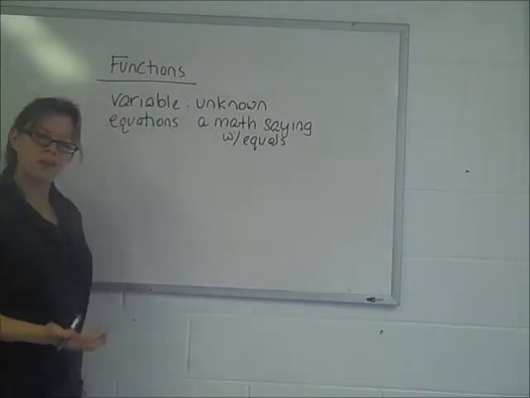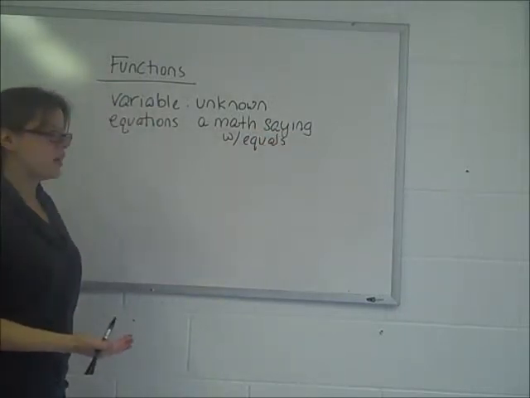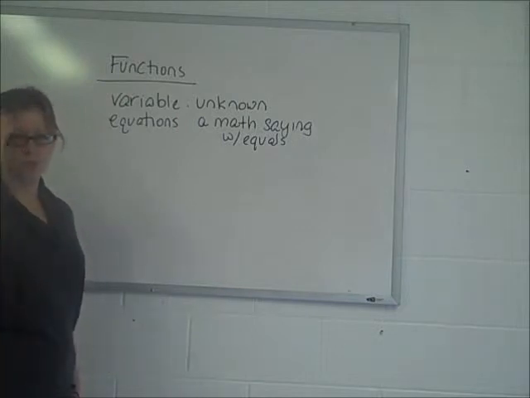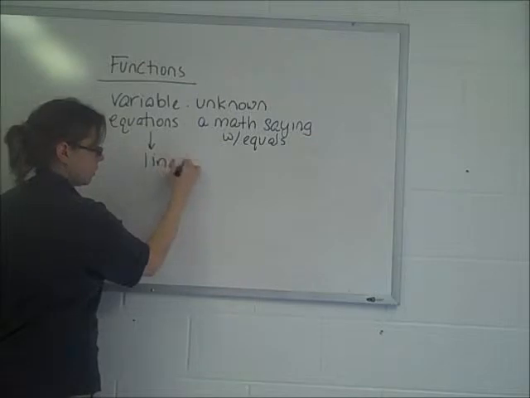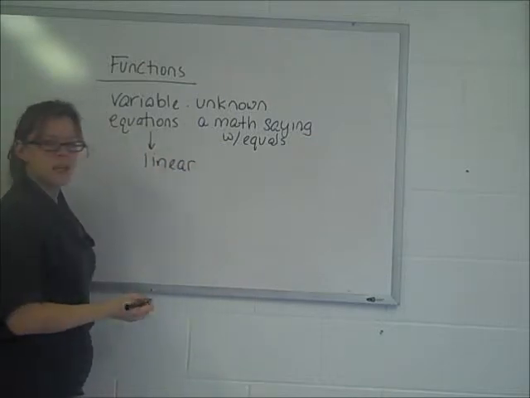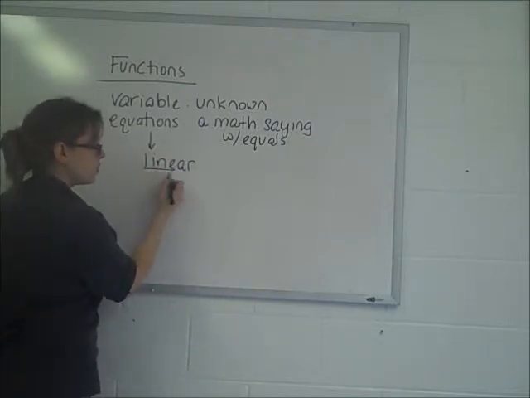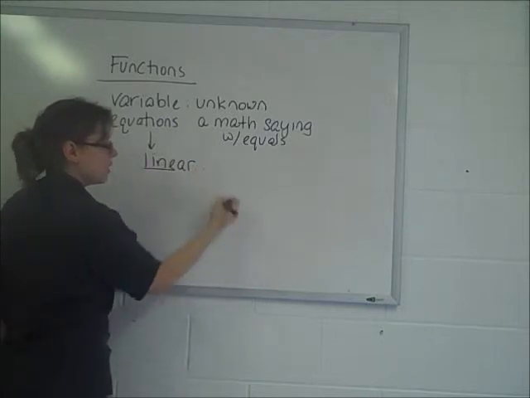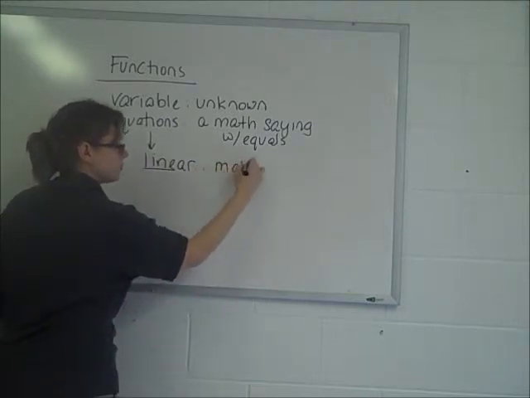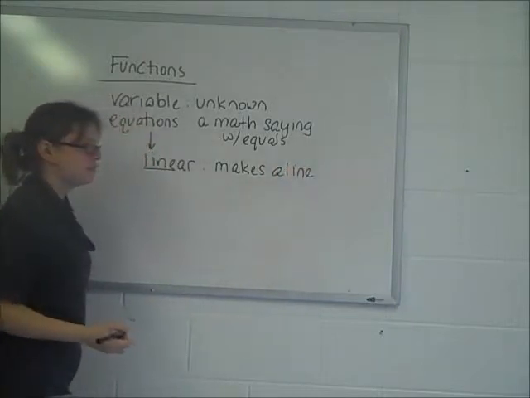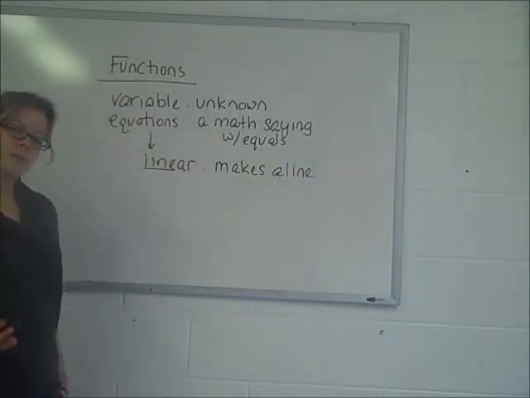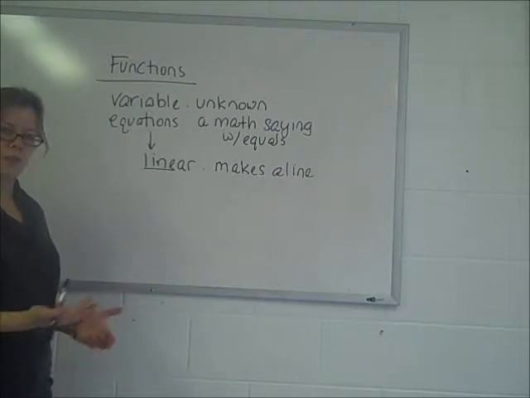Every time we deal with an equation, we're connecting variables together, usually more than one. In particular, we've talked a lot about linear equations. The first four letters of linear spell line. So a linear equation makes a line when you graph it. And basically, it connects two variables.